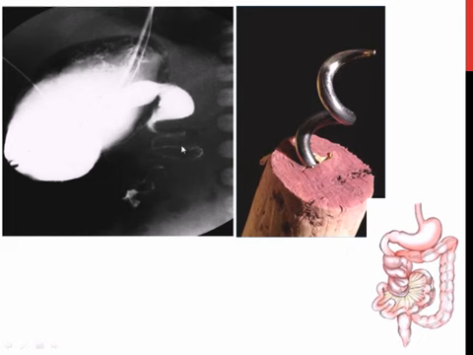The more specific sign is the corkscrew sign, indicating the course of the bowel lumen around the twisted mesenteric root.